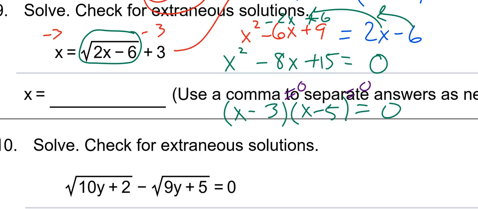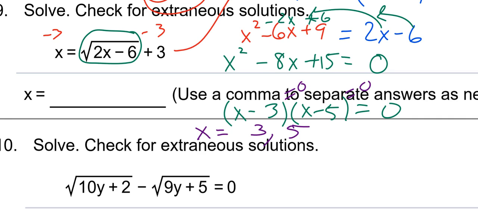That was just a shorthand notation, without having to copy it all down again. I like it. So if x minus 3 equals 0, what's one possible value of x? Positive 3. If x minus 5 equals 0, what's a possible value of x?